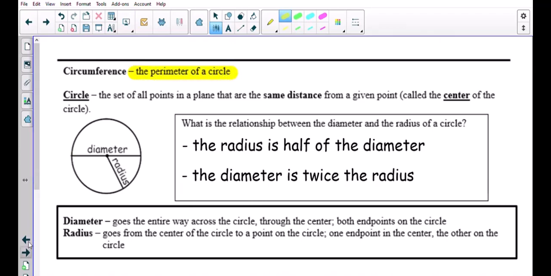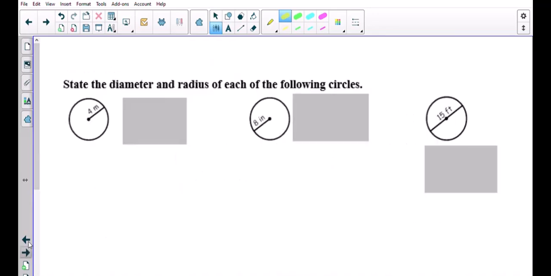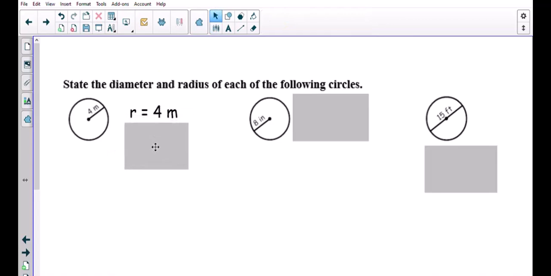Before we get into finding both circumference and area of a circle, though, let's identify both the diameter and radius of each of these circles. Looking at our first example, what's given to us? Hopefully you recognize that the radius is given to us. It's 4 meters. Since it goes from the center to the outer edge, what does that make the diameter? If you're thinking 8 meters, you're absolutely correct, because remember the diameter is twice the radius.